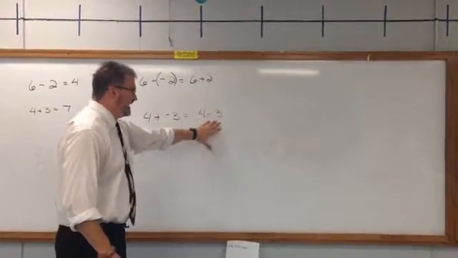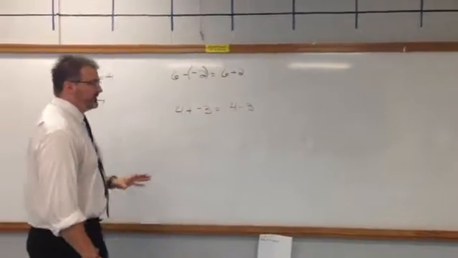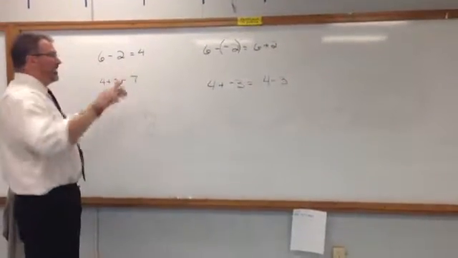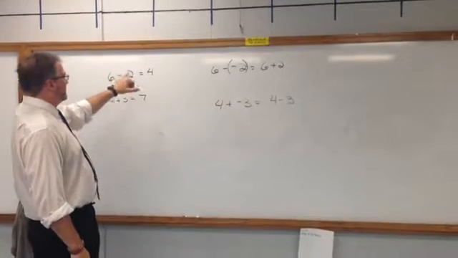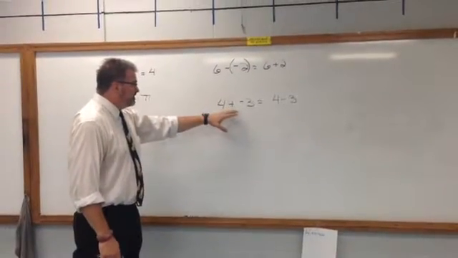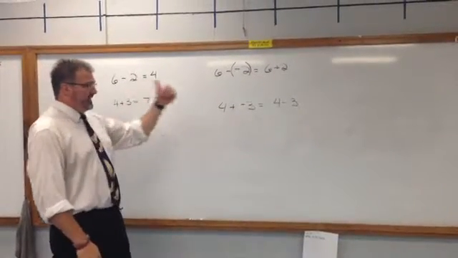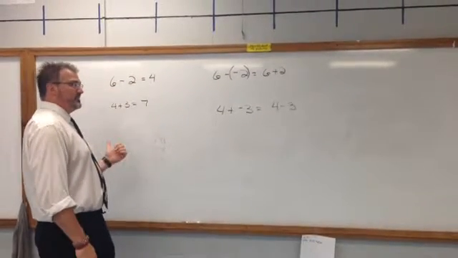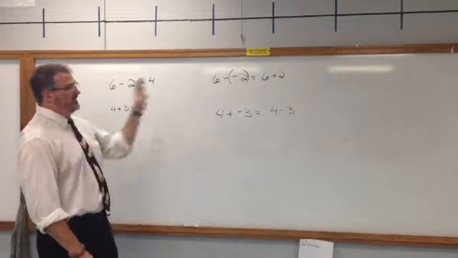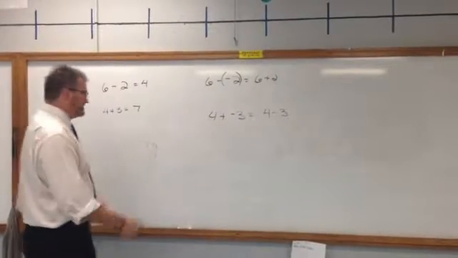So 4 minus 3. So that's the background. I can't go to the right when I am adding a negative, because that's adding a positive. I can't go to the left when I'm subtracting a negative, because that's subtracting a positive. So I have to go the other way. There's only 2 directions to go.